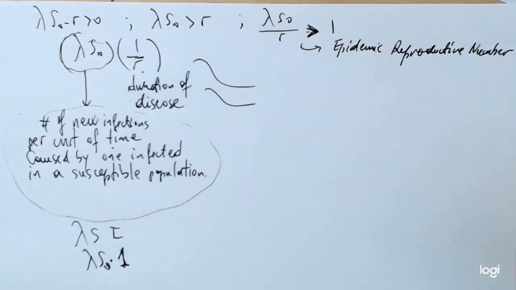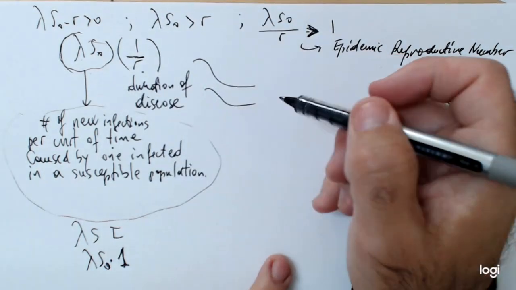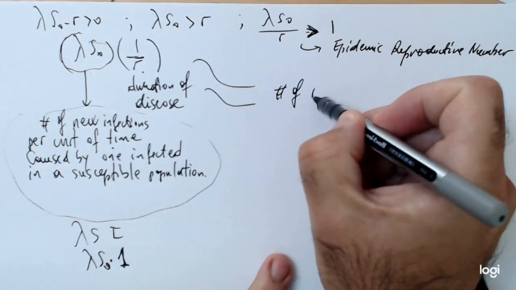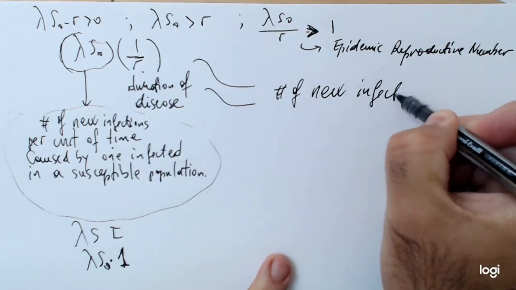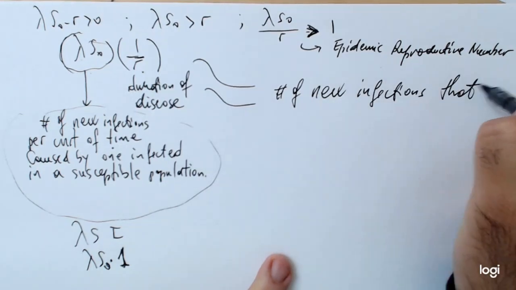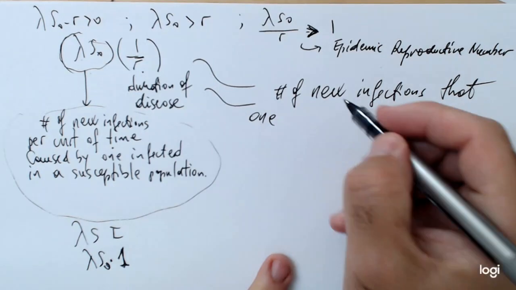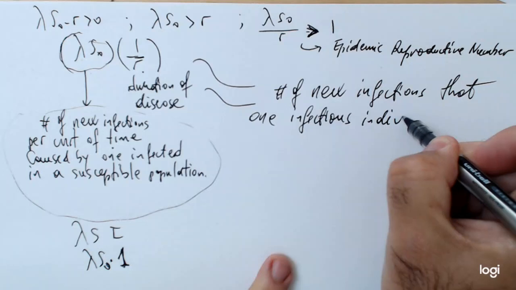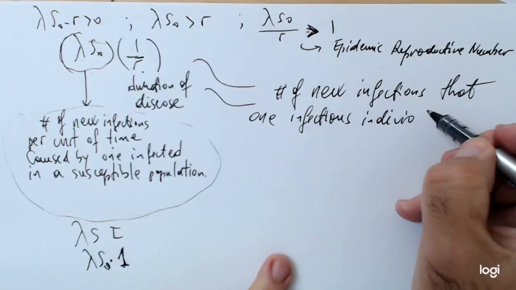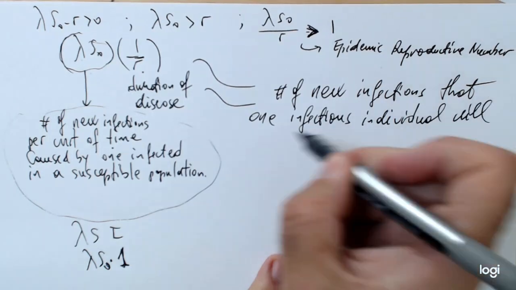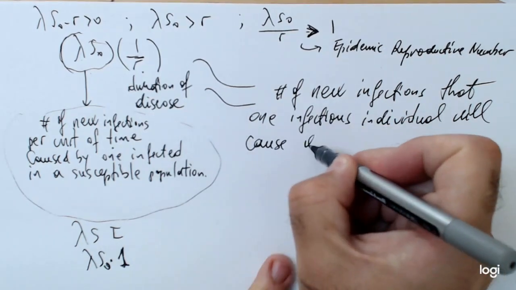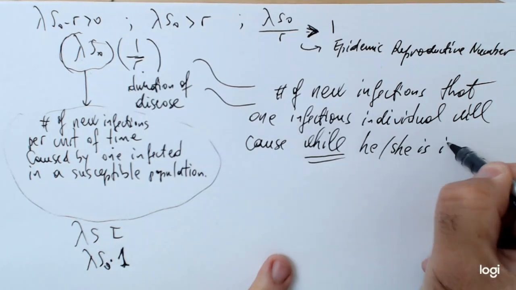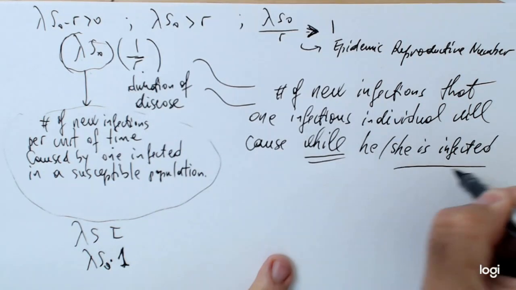So when that's said and done, the product of the two signifies the number of new infections that one infectious individual will cause while he or she is infected. So during the time that person is infected.